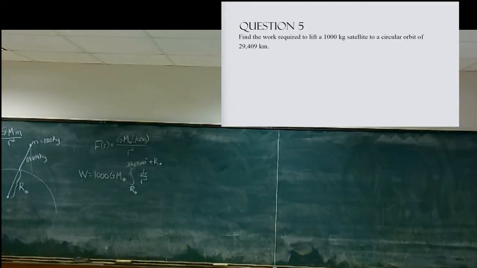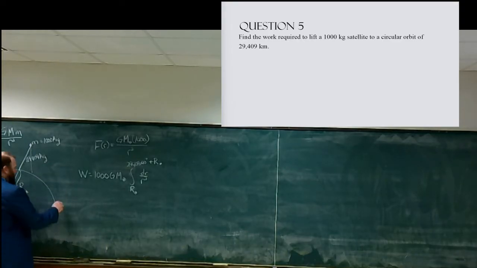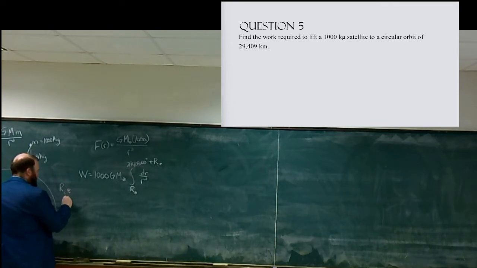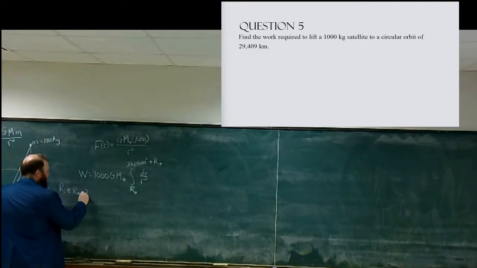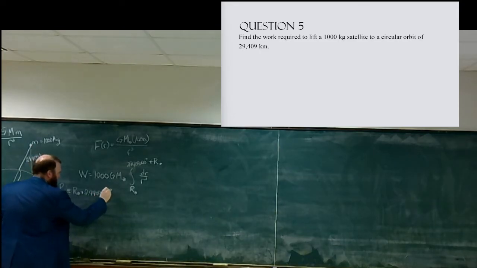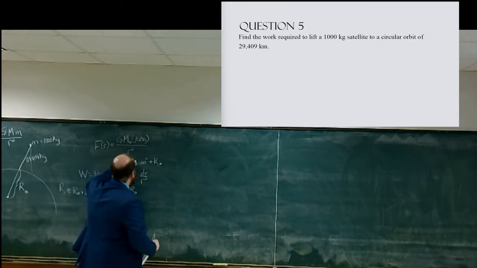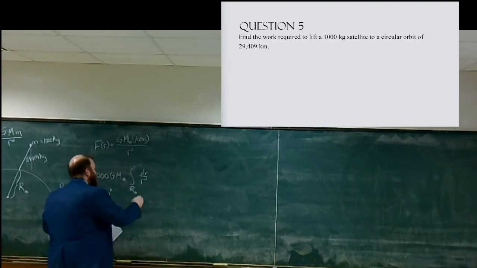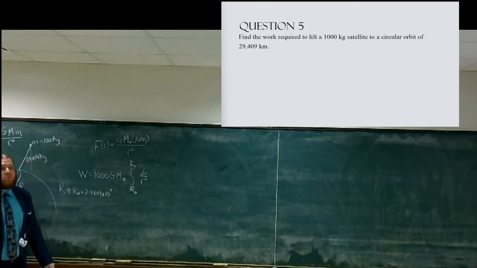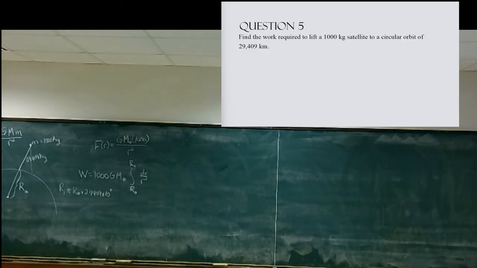Now I'm going to make a simplification because I don't feel like writing that out all the time. R1 is going to be that distance, just so I don't have to keep writing that out. I'm going to start writing it as R1.